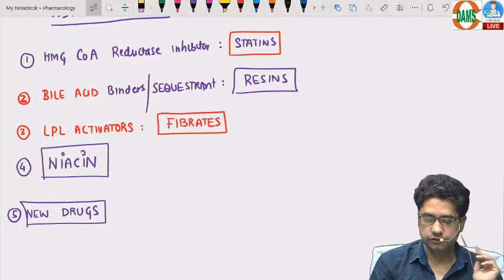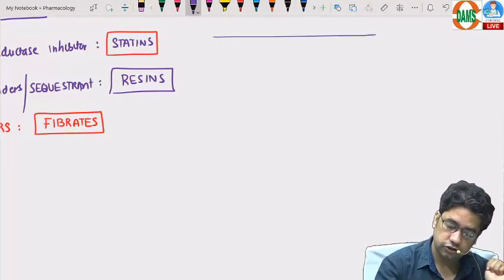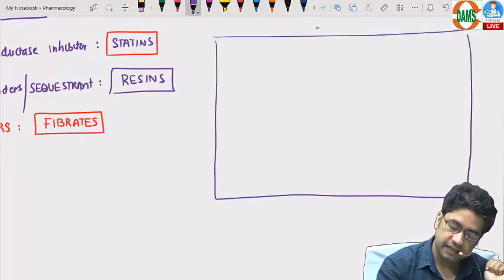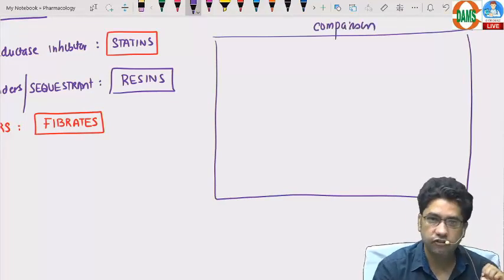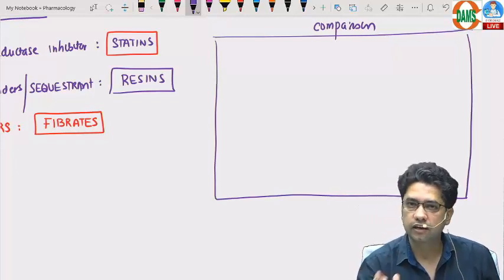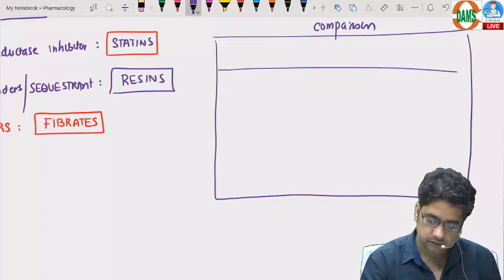Understood, children? First right. Now you will leave this page for comparison of these drugs, and this page we will fill at the last. After understanding all drugs, we will compare these drugs.